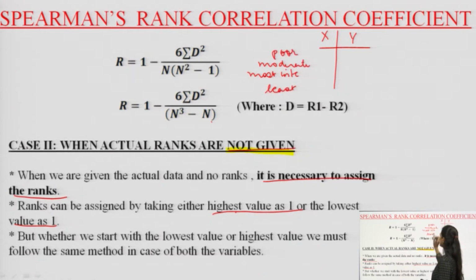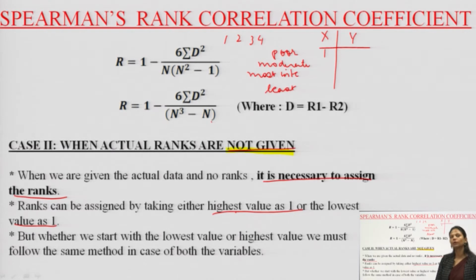There are 4 cases in this, so I am supposed to assign either 1, 2, 3 or 4. How to give them ranks? For example, if I am giving rank 1 to poor for variable x, then for variable y also I am supposed to follow the same rule.